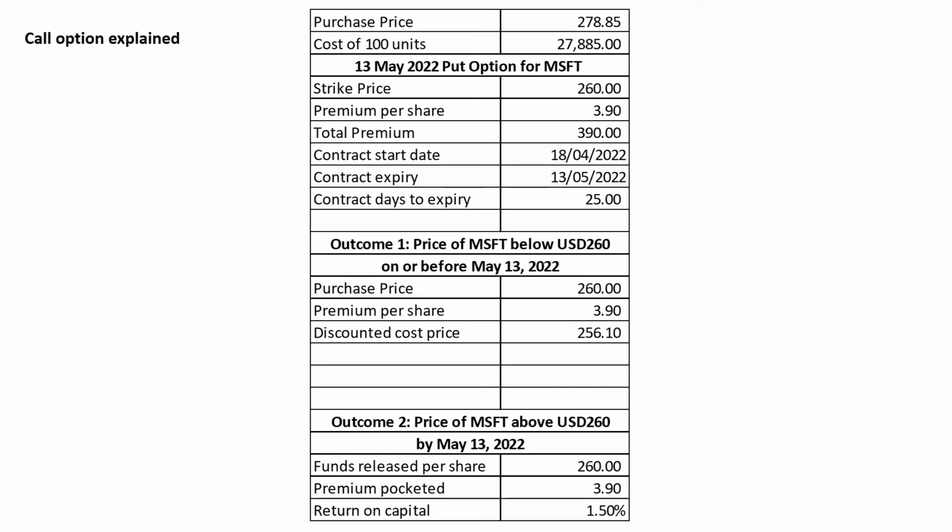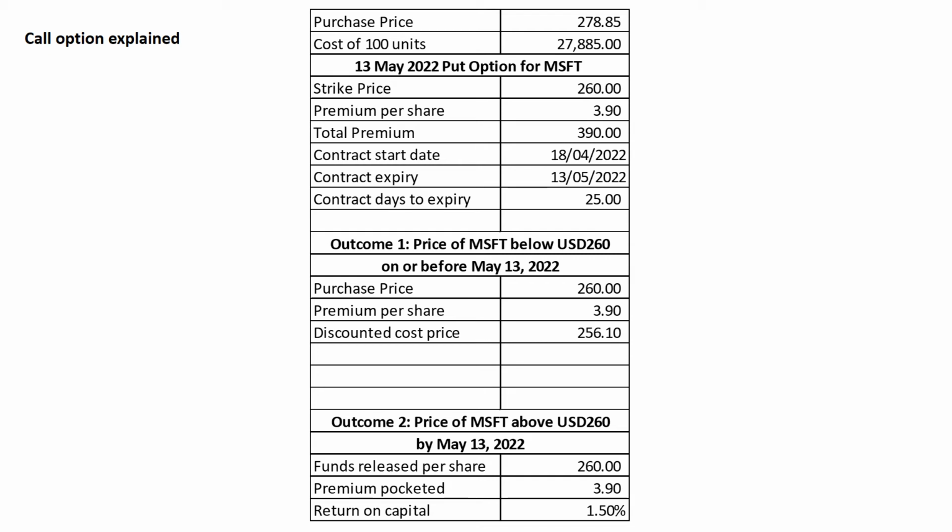So those are the two scenarios that could play out here. All right, let's do the maths. So again, Microsoft is trading at $278.85 on the 18th of April. You have agreed to sell a put contract for the strike price of $260, and for agreeing to sell that contract, your account will be blocked with $26,000.